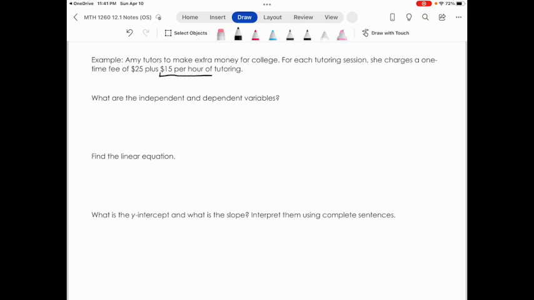Now, here is our rate. It's $15 per hour. Another way to write that, per means divide, or you can write it as a fraction bar. So another way you can write it looks like this, $15 per 1 hour.